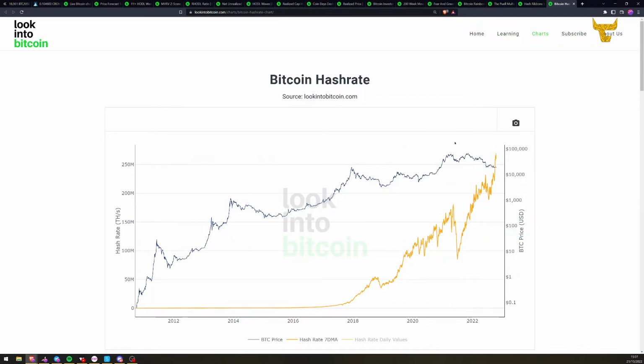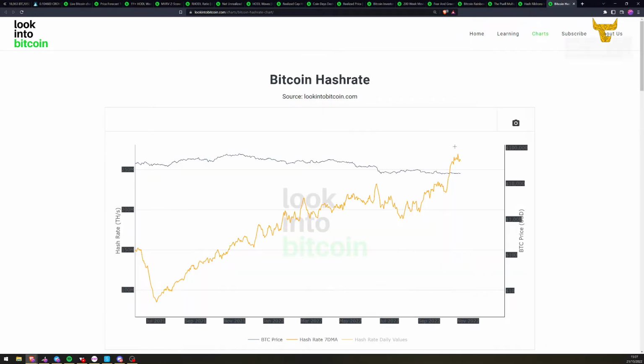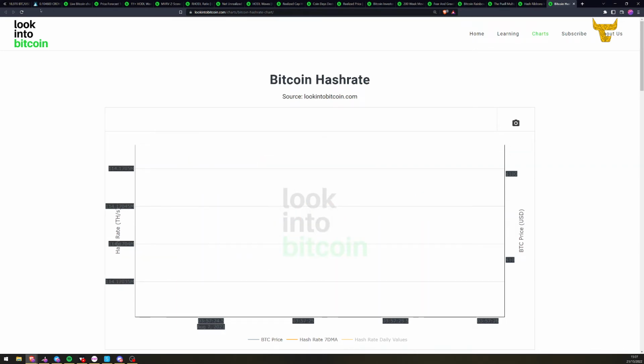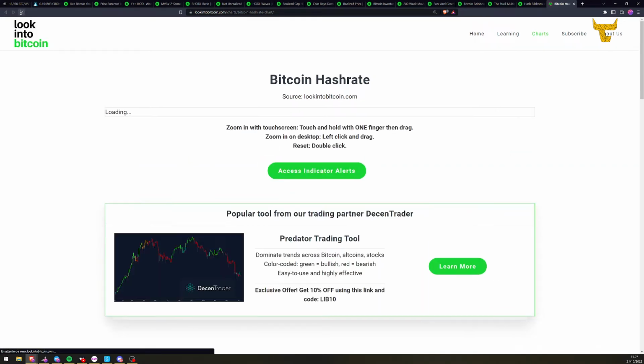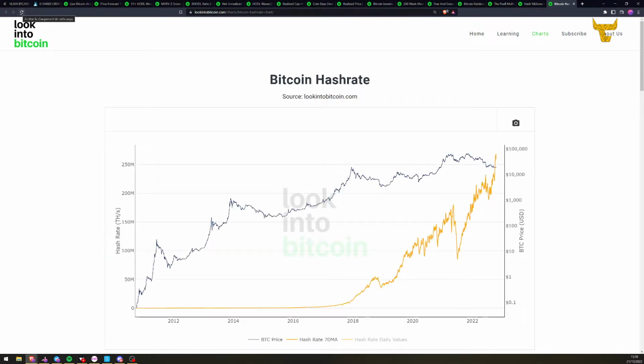So it means that there's still more and more power being dedicated to mining Bitcoin since we topped out. And miners don't seem to be afraid of the current price action, right?